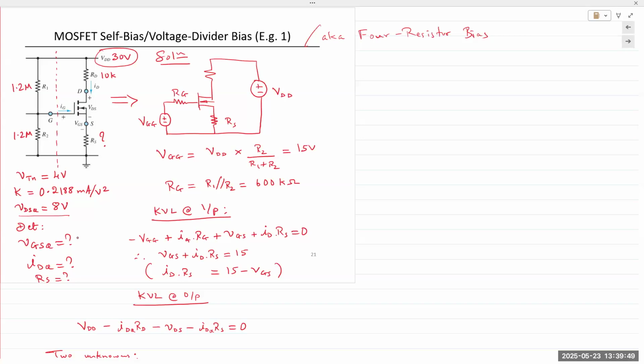First things first, if you have a voltage divider network, we saw this in the BJT earlier, we need to reduce these two resistors down to their Thevenin equivalent network. The Thevenin equivalent network is right here because these are the two terminals that are going into the FET or the MOSFET.